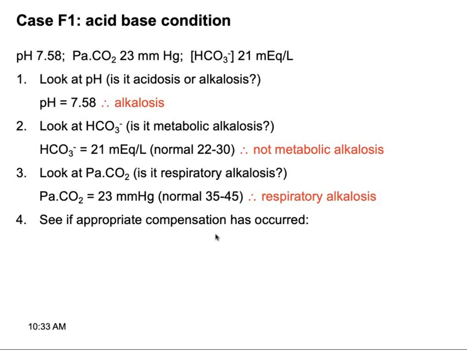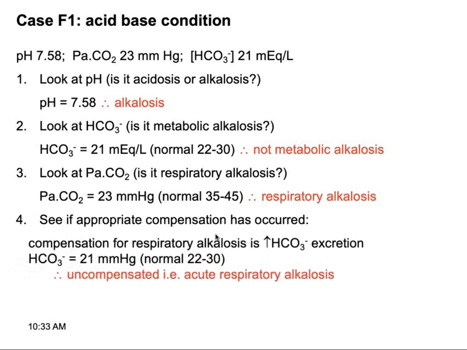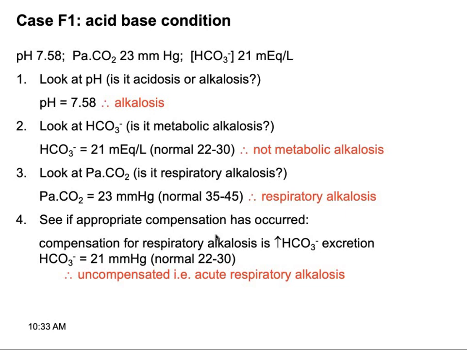So the fourth one is more important. See if appropriate compensation has occurred. The compensation for respiratory alkalosis is increased bicarbonate excretion, as I told you, right? So the normal bicarbonate range was 22 to 30. And here what you are seeing is that it has come down to 21.